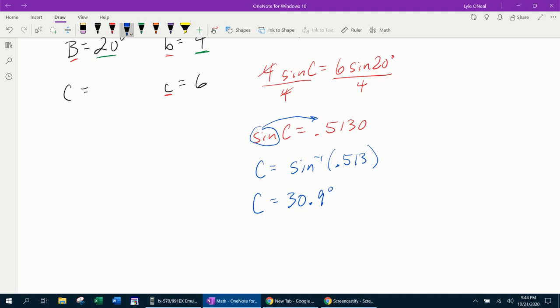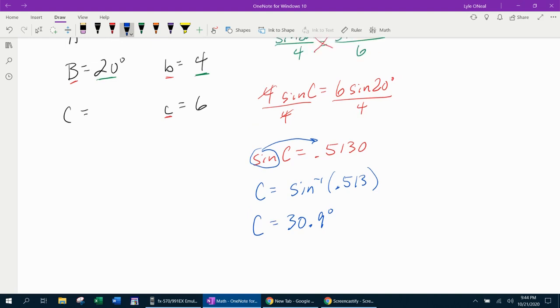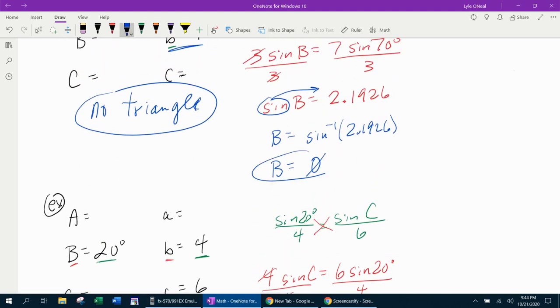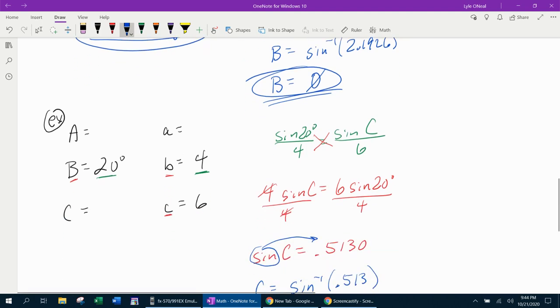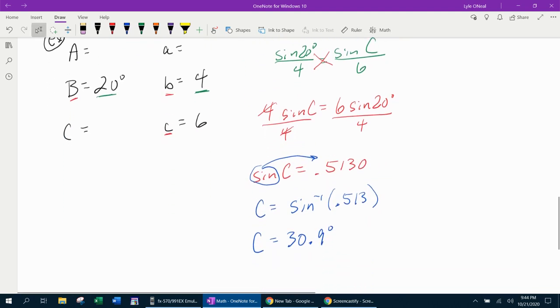Once you find the first piece of the triangle, remember in the previous example, the very first piece that we got came up with an error message, and that meant no triangle. So if it's going to be no solution, you're going to know that immediately at the very first piece of the puzzle. We got an answer.